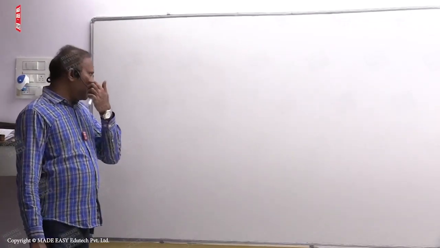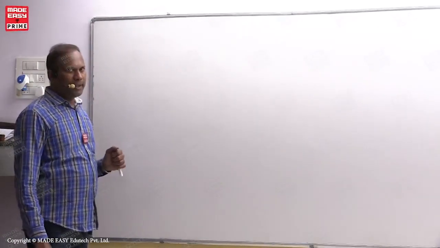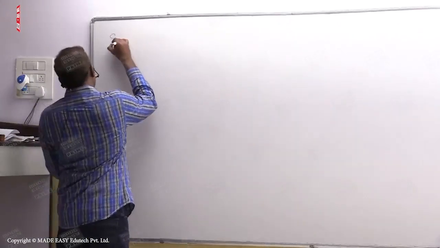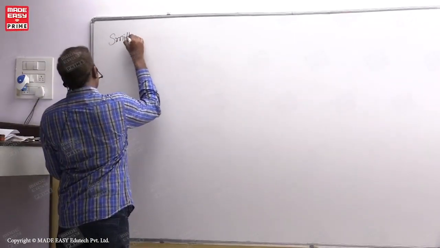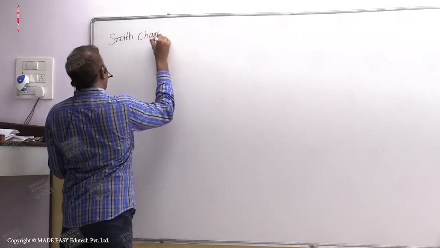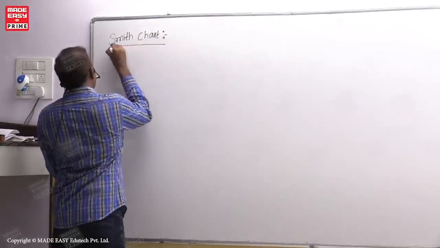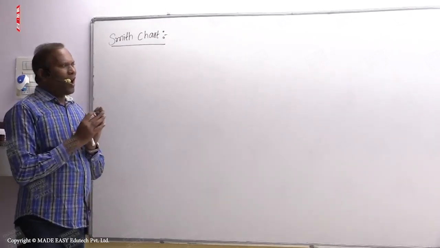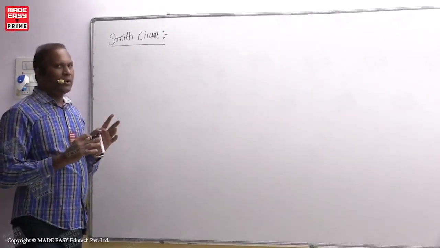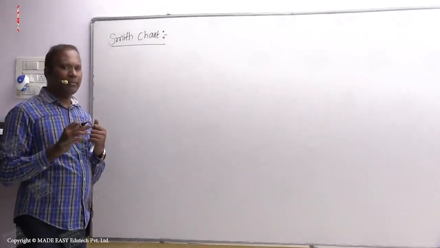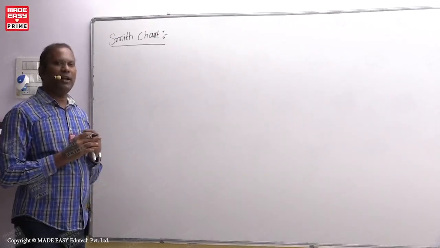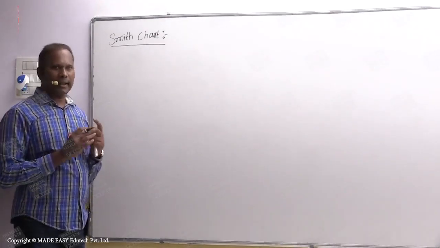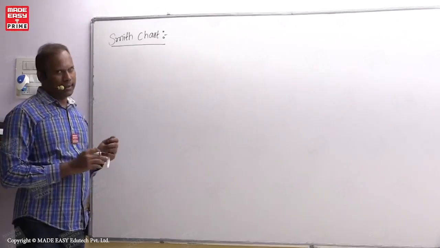So students, now let us discuss Smith chart. Whatever formulas we have studied, using those formulas we can find d maximum, d minimum, or otherwise reflection coefficient, standing wave ratio, etc. They are the formulas.